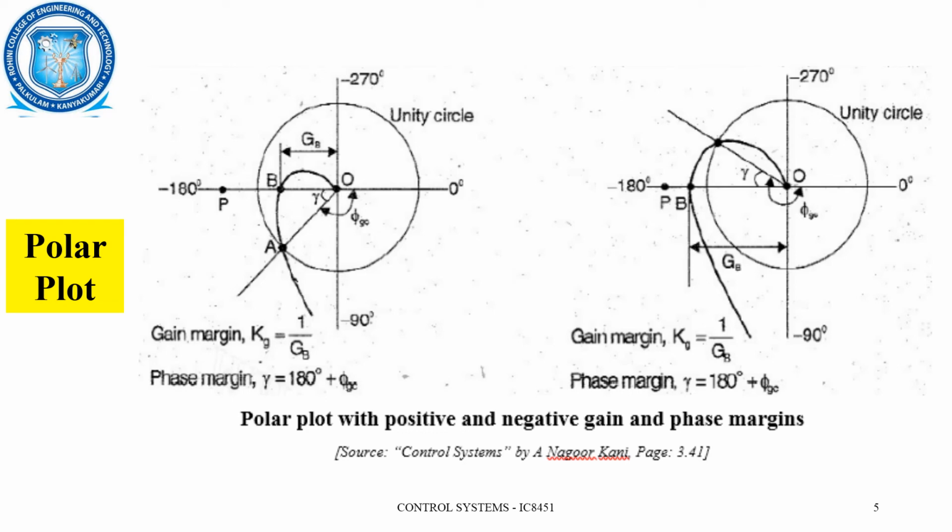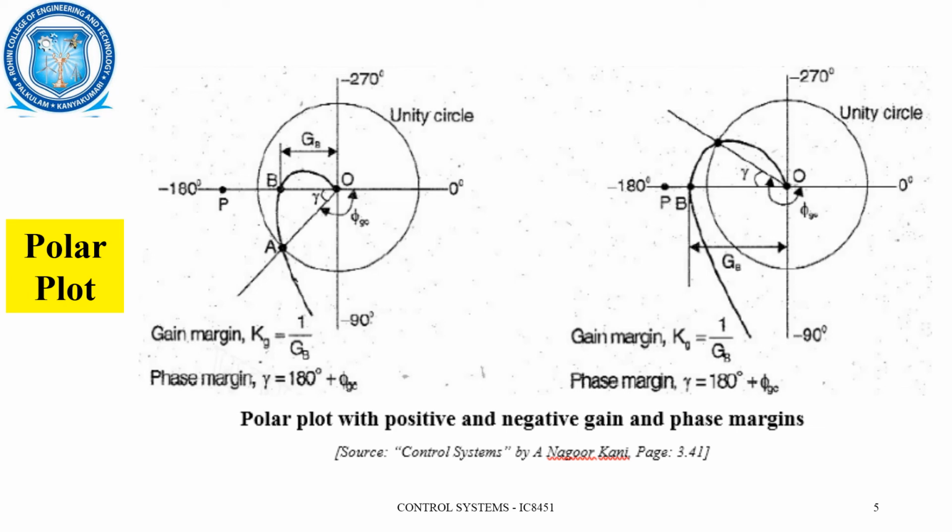And next, for finding out the phase margin, we have to consider the point where this polar graph cuts the unity circle. So at point A, we can see that the polar graph is cutting the unity circle. Now to calculate the phase margin, we are in need of an angle. So we have to draw a line from the origin connecting this point A. Now we can find out the angle here.